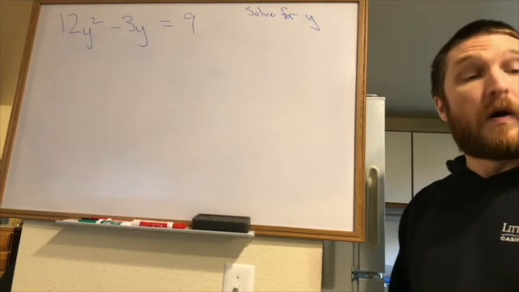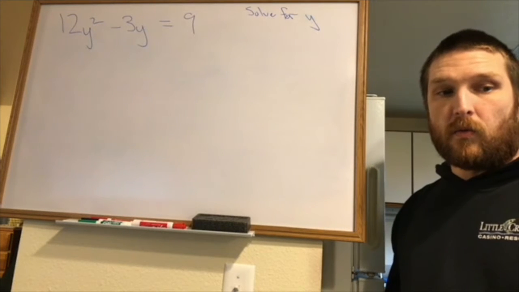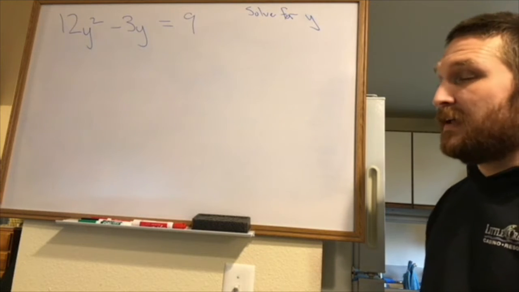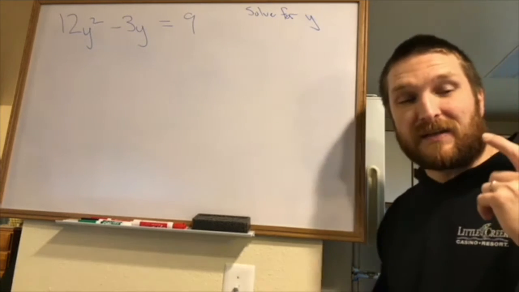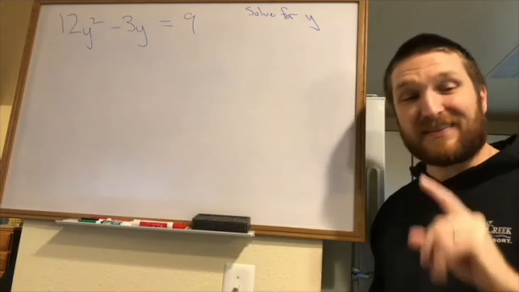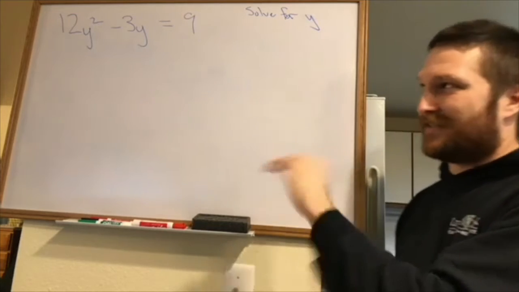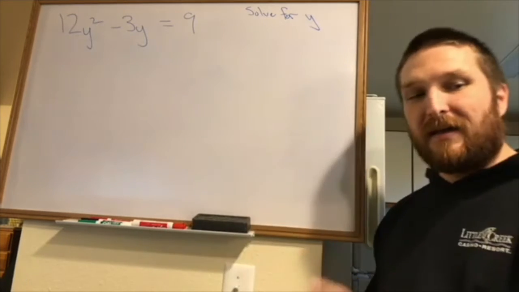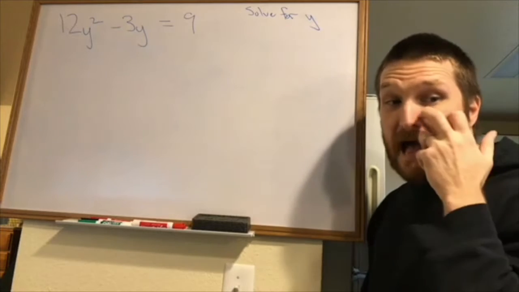Uh-oh, how do I go about doing that? Then something clicks in my brain and says, oh, that's right, this is a quadratic. It's written funky, but I could turn this into a quadratic, and then I should be able to factor it down.